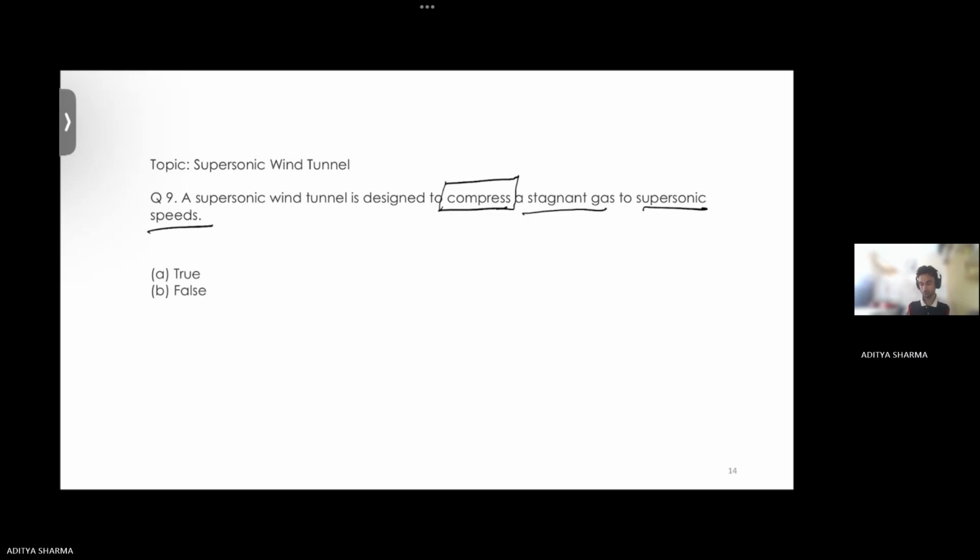But here, if we see the supersonic wind tunnel, there is an increase in the speed of the stagnant gas. So whether that is done by compression, no, right? The process is called expansion, right?